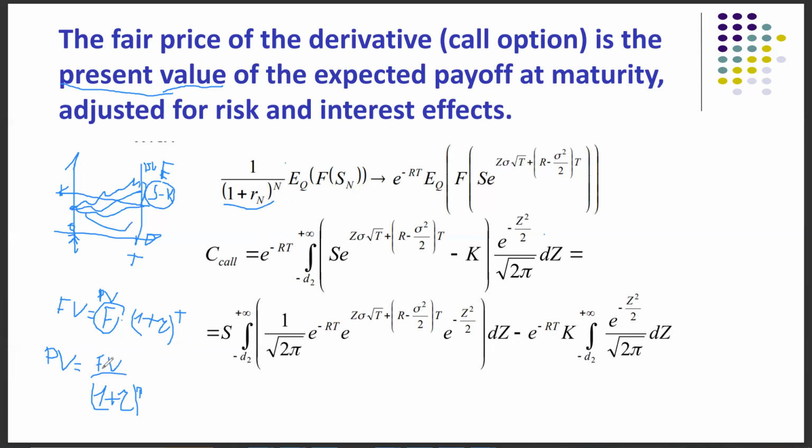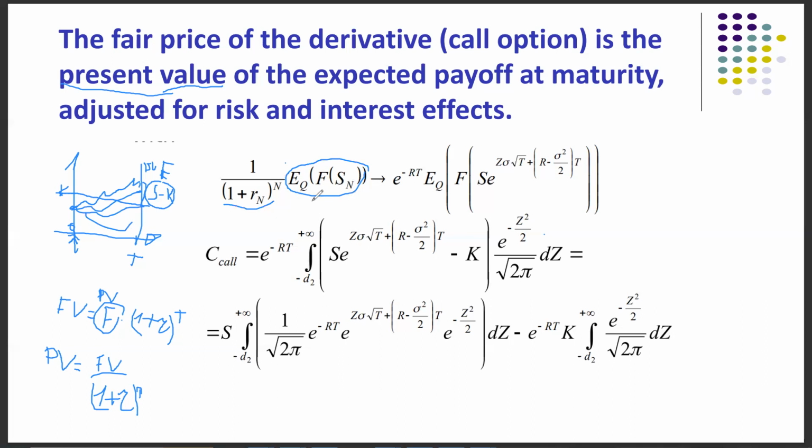Future value in our case is the mathematical expectation of the payoff function. And the mathematical expectation is taken according to a measure, the risk neutral measure, which in our case is the measure of the normal distribution.